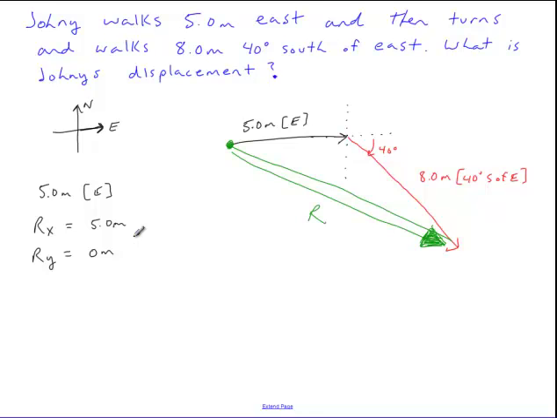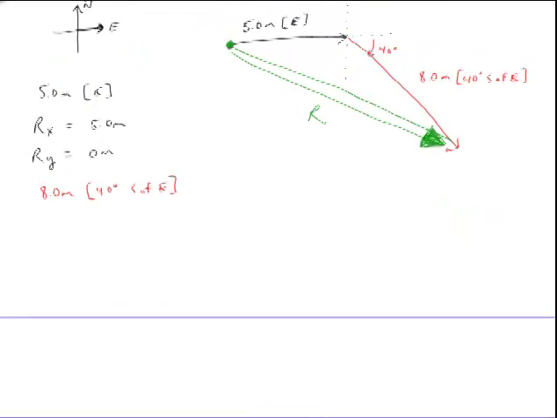However, on your next vector, you are definitely going to have 2. So 8 meters, 40 degrees south of east. We want to find out the x component, and we want to find out the y component. To highlight this, I'm going to draw in this red vector on its own down here as an aside.